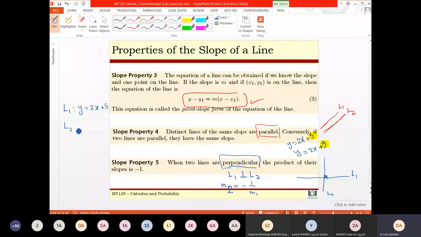You can see that? They are perpendicular. It is the negative and the reciprocal. So those two lines are perpendicular. The first one has a slope of 2, the second one is -1/2. So the two lines are perpendicular.